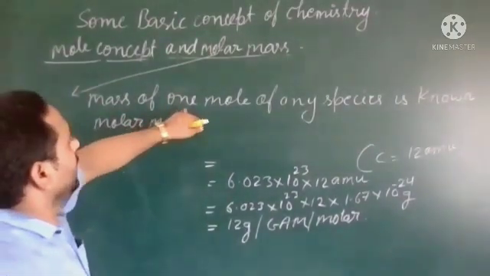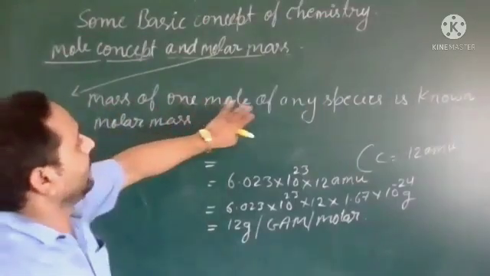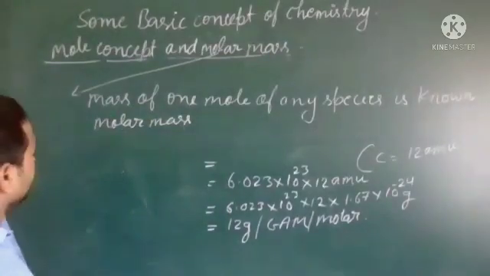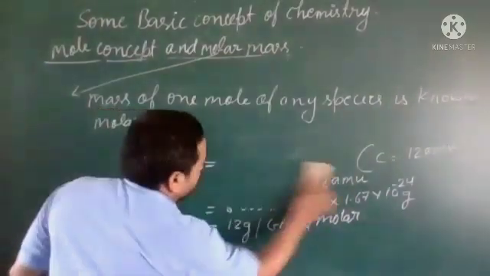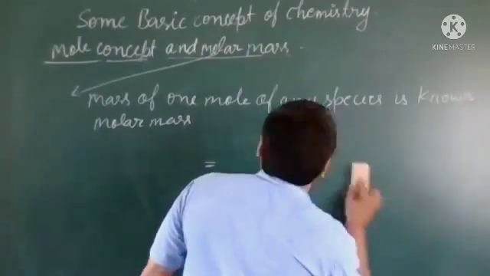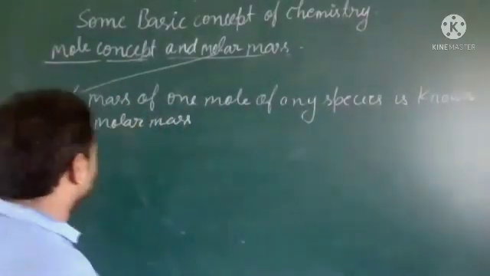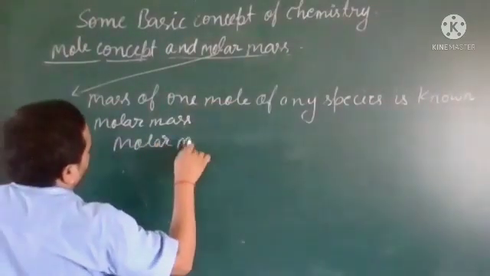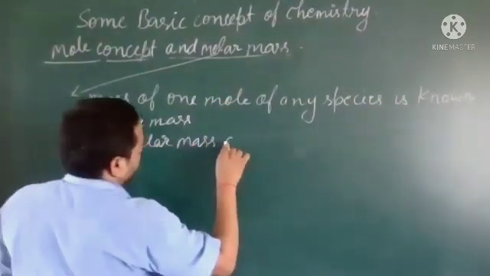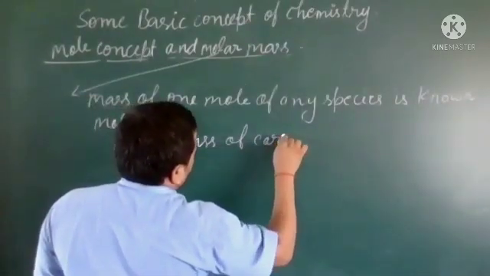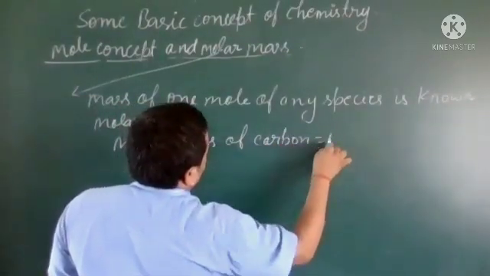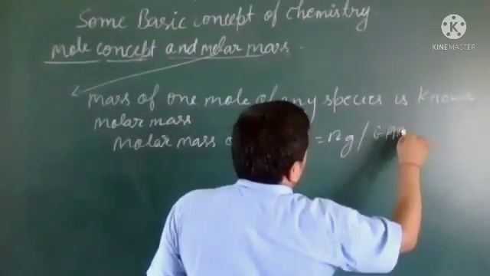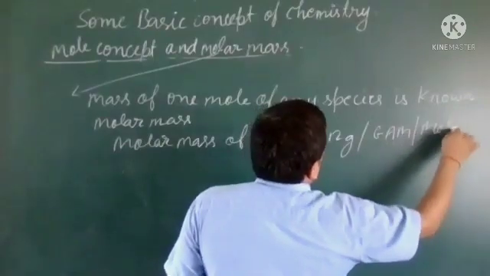The mass of 1 mole of any species is known as molar mass. And here we have calculated that the molar mass of carbon is 12 grams, the gram atomic mass.